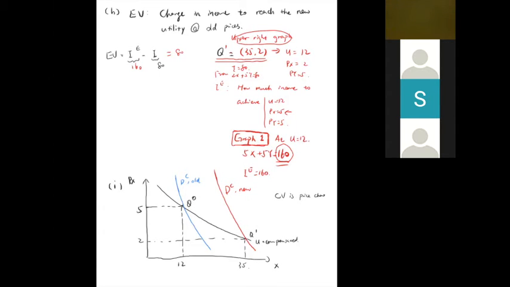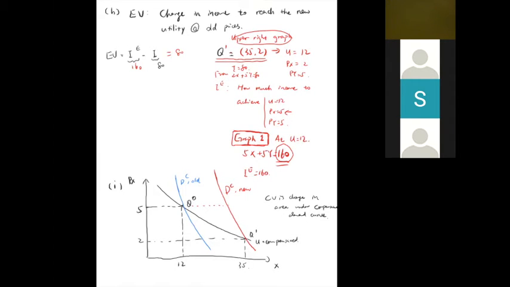Let's change. An area under the compensated demand curve. So the change under the compensated demand curve, I use the red line.